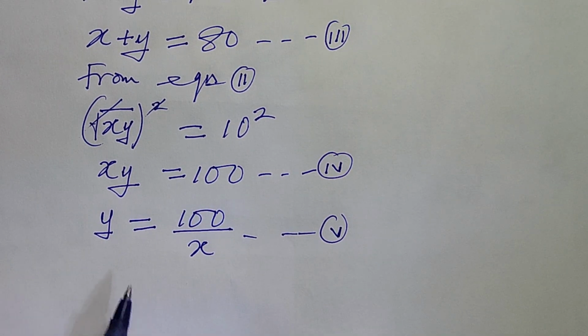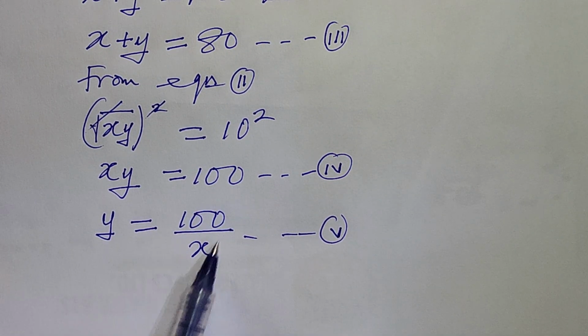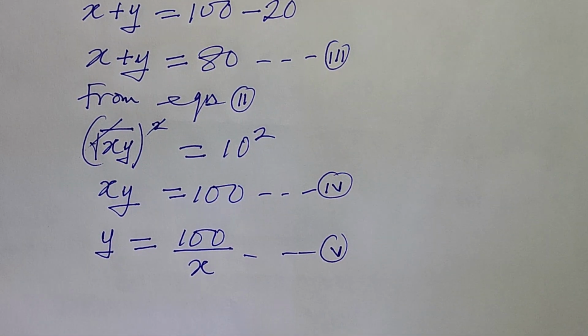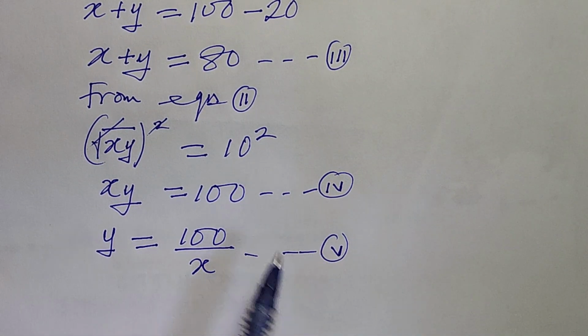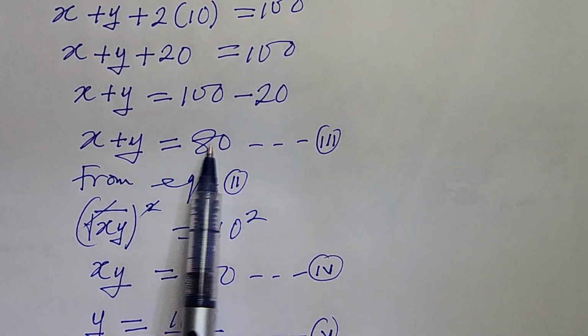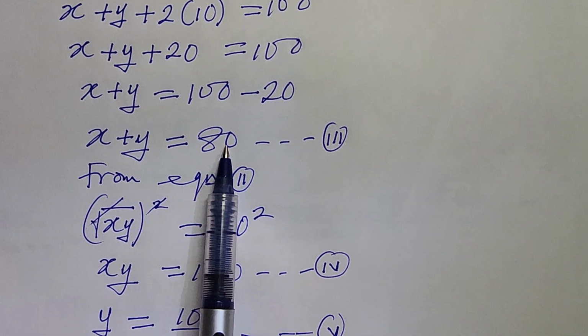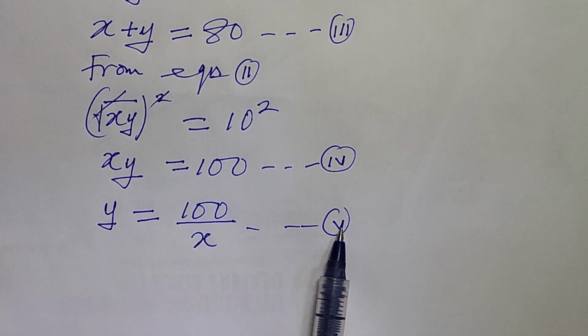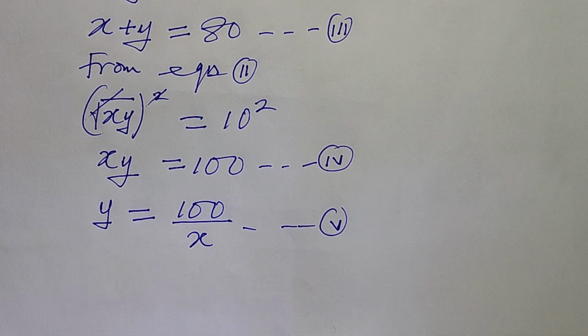Okay, so from here now, let's put this expression we have here now into equation 3. So let's put equation 5 into equation 3. You remember we got our equation 3 from the square of equation 1 and equation 5 from the square of our equation 2.